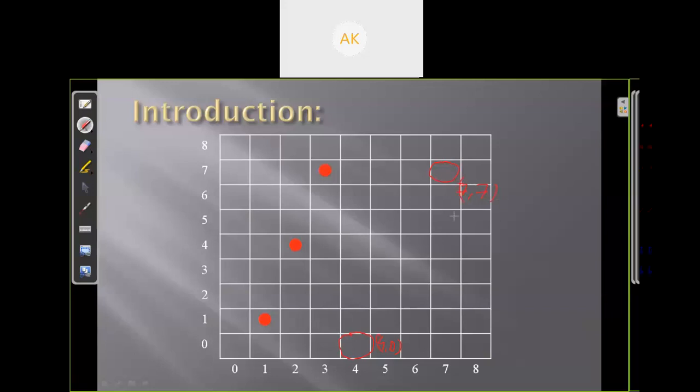This is the pixel position, the start pixel position and the end pixel position. You want to connect these two points. Okay, in this way you can connect. For connecting this line, there is some value which is not a complete integer, like this intermediate point.